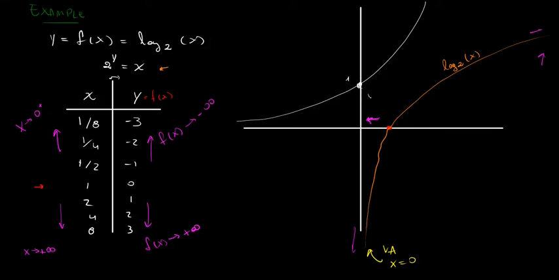So we can see we have a symmetry. The inverse function and the original function are reflected, and the reflection is through y equal x.